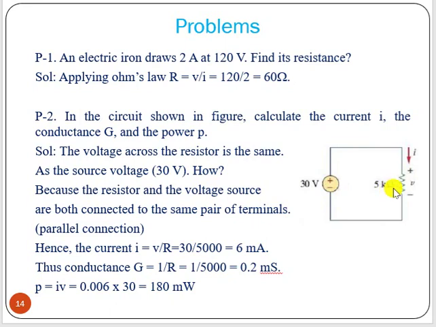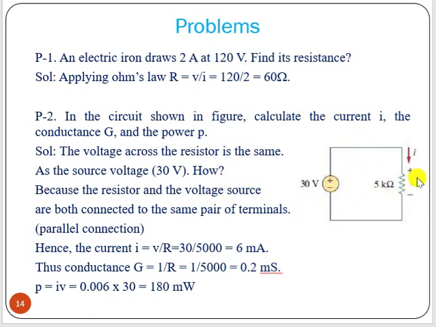So 30 volt and 5 kilo ohm resistor connected in parallel. Then the voltage drop across this resistor is equal to 30 volt because of the parallel connection, because the resistor and voltage source both are connected to same pair of terminal. Okay, this is a parallel connection.